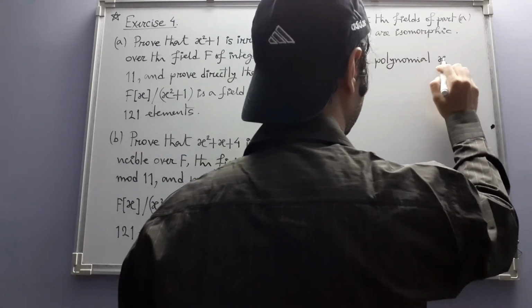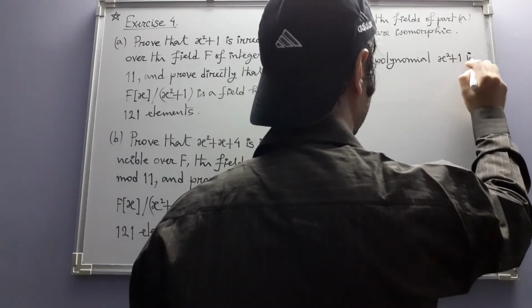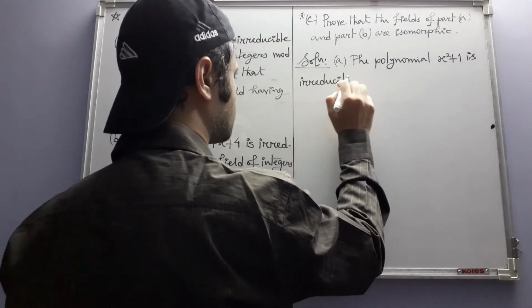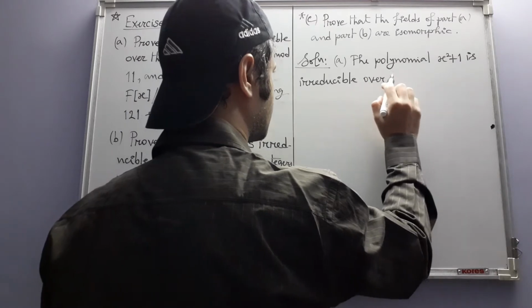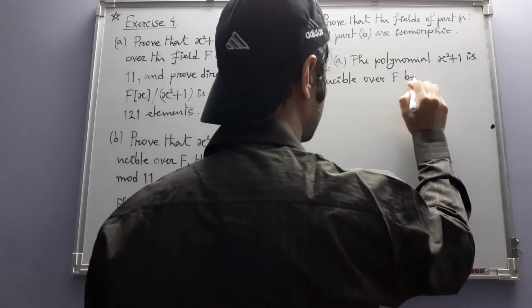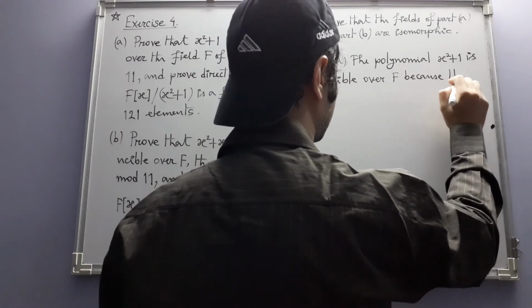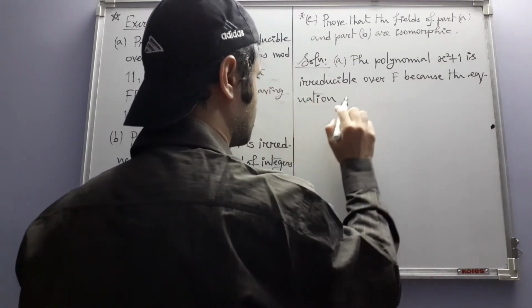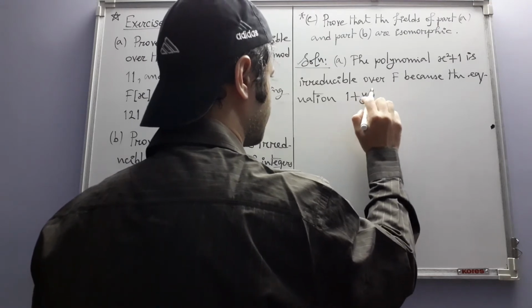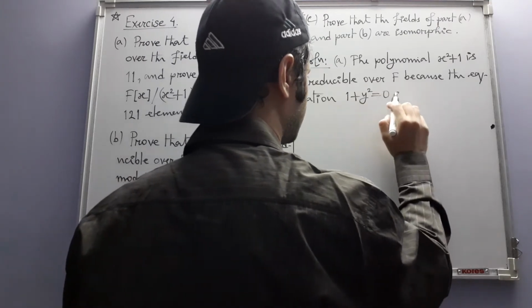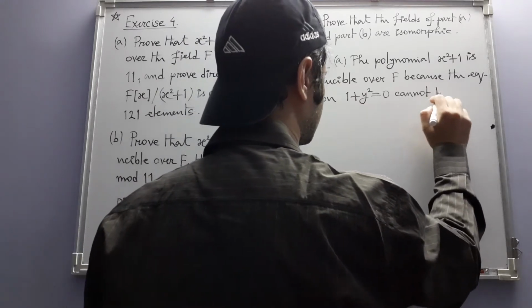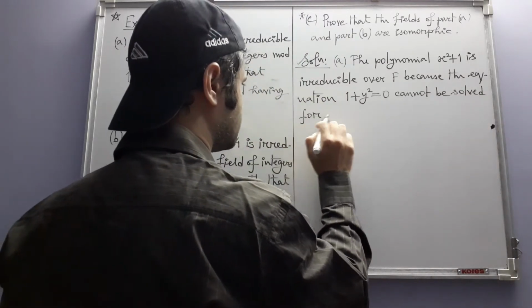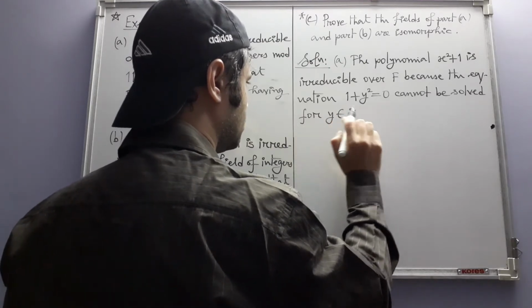The polynomial x square plus 1 is irreducible over f because the equation 1 plus y square equal to 0 cannot be solved for y belonging to f.